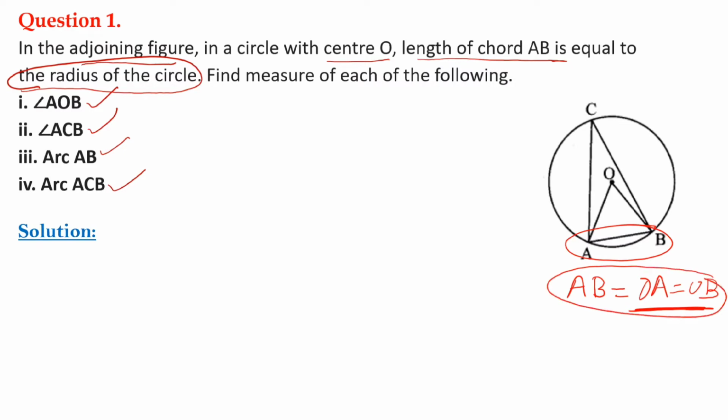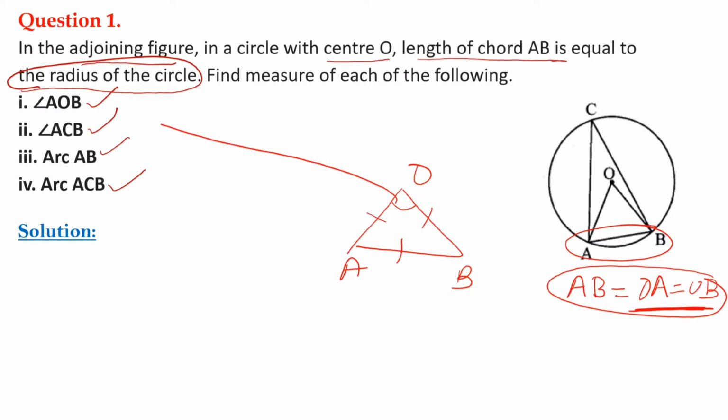It means AB, OA and OB will be equal. Therefore triangle OAB will be an equilateral triangle because all three sides are equal. So the measure of angle AOB will be 60 degrees. Why? Because each angle of an equilateral triangle is 60 degrees.